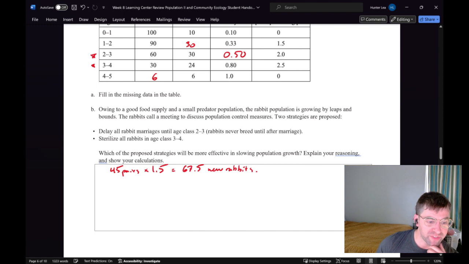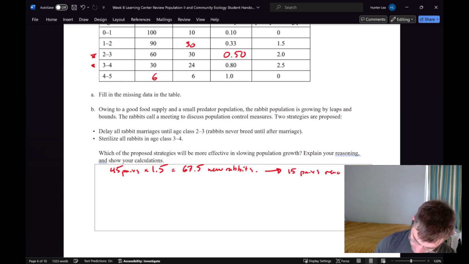When the same cohort reaches age class 3 to 4, it will consist of 30 rabbits or 15 pairs because of that death rate.